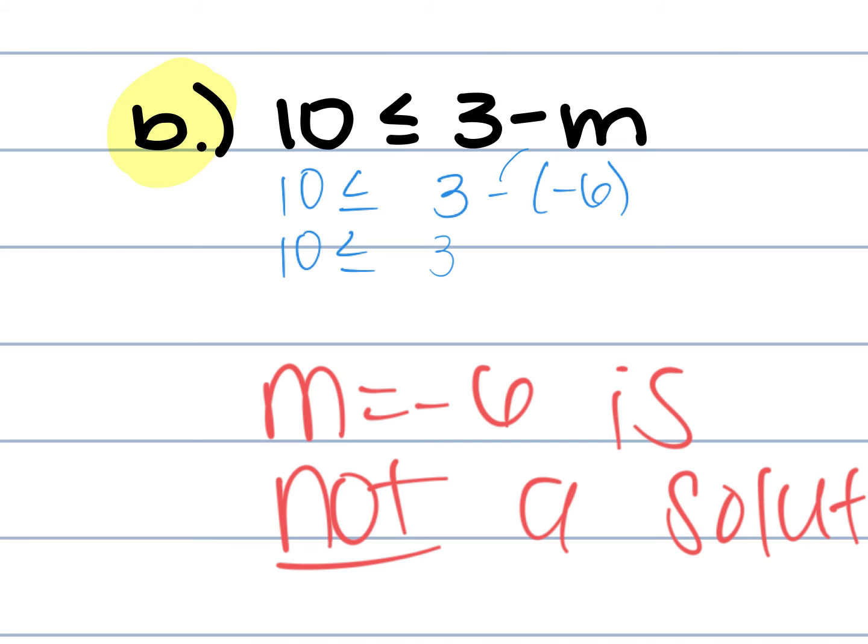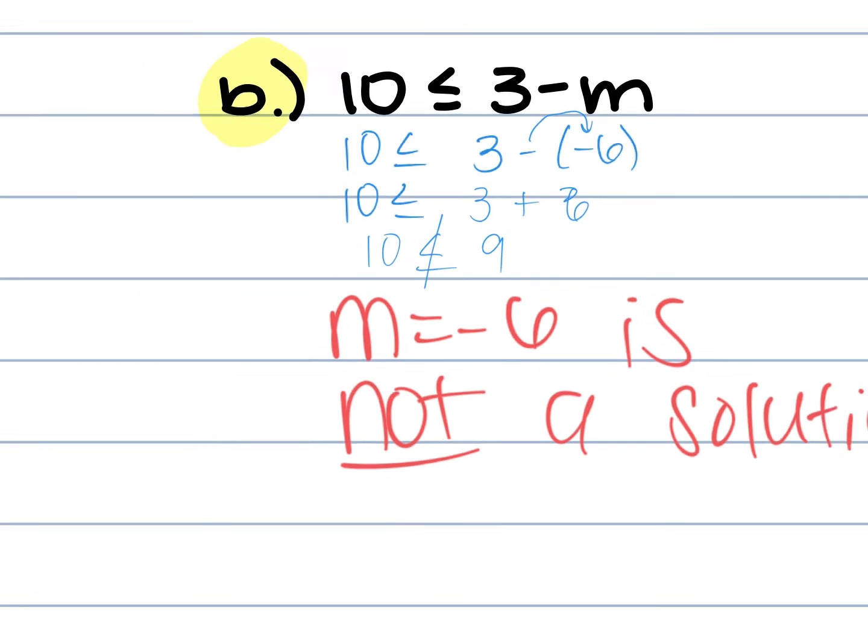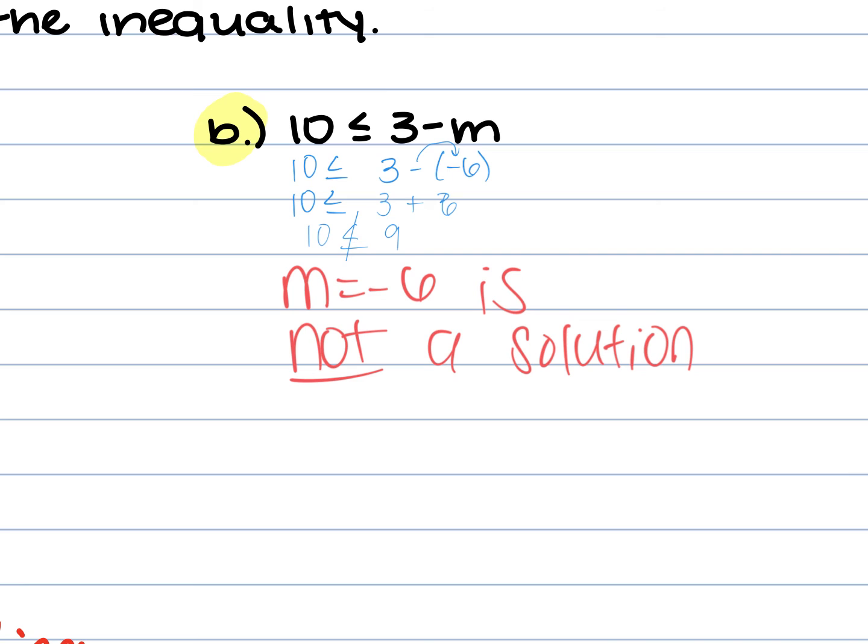But think of this as a negative times a negative. 3 plus 6. And 3 plus 6 will give you what? 9. Now, this is saying, is 10 less than or equal to 9? No. Make sure you put the slash through it. And then m equals negative 6 is not a solution.